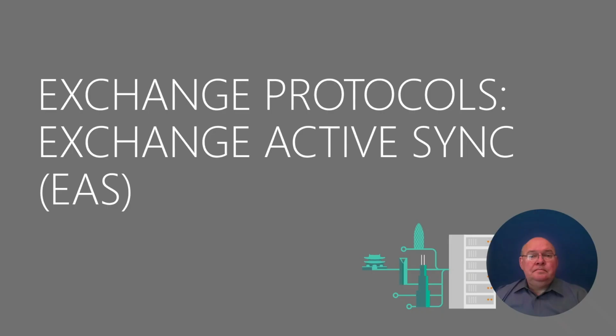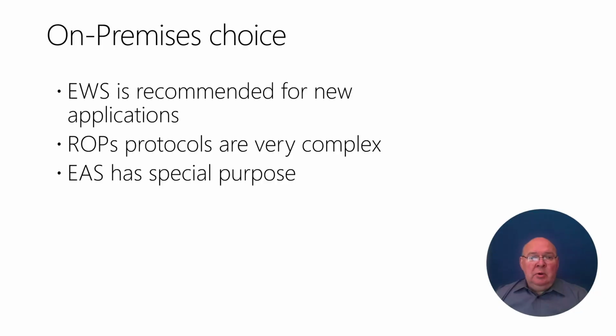Choice of protocols to use. We have three protocol families which are working with the same data, so if you need to choose between them, EWS is recommended for new applications, definitely. ROPs are very complex, and ActiveSync has a special purpose.